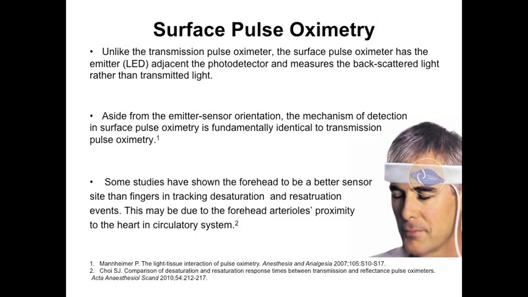Despite the transmission style pulse oximeters often having a stronger signal, some studies have shown that the forehead is a better sensor site than fingers in tracking desaturation and resaturation events. This phenomenon is hypothesized to be caused by the proximity of forehead arterioles to the heart in the circulatory system. There are additional advantages to surface pulse oximeters, which we will cover as we explore additional pulse oximetry confounding factors.